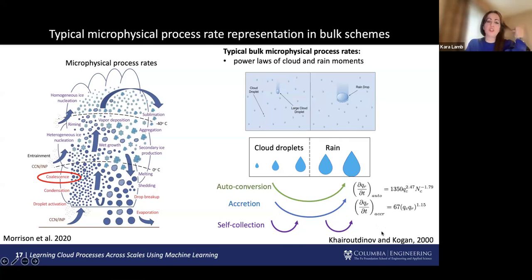These are generally expressed in most bulk parameterizations in terms of power laws of the cloud and rain moments so that we can have closure. I'm just giving here an example from Khairoutdinov and Kogan of the parameterization for the mass mixing ratio of rain for the autoconversion and accretion processes in terms of power laws of the other moments in the scheme.